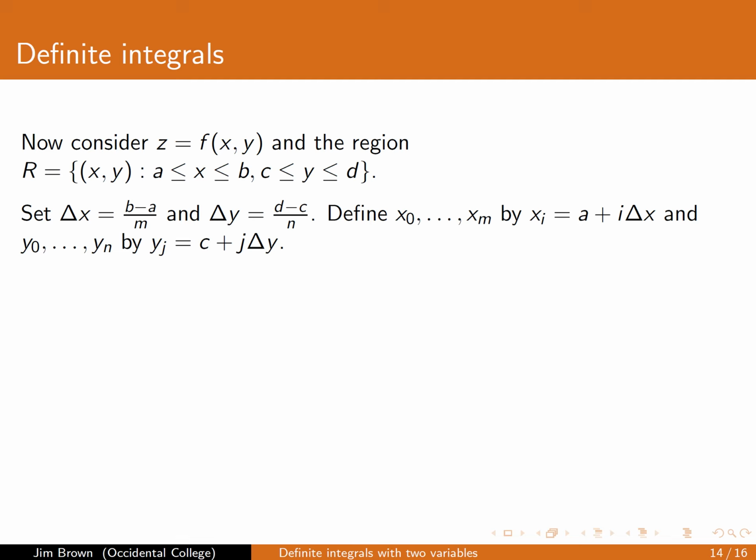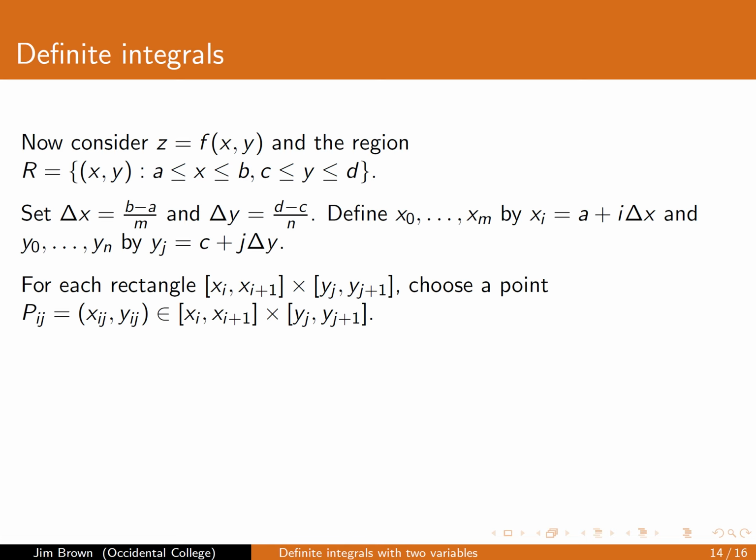And then we define our values x_0 through x_m by x_i is a plus i delta x. So each time you move over, you're moving over by one more delta x. So x_0 is just a, x_1 is a plus delta x, and so on. And then do the same thing for the y's. And now for each of the rectangles, this is how we're denoting a rectangle, this interval across this interval gives us one of those rectangles.